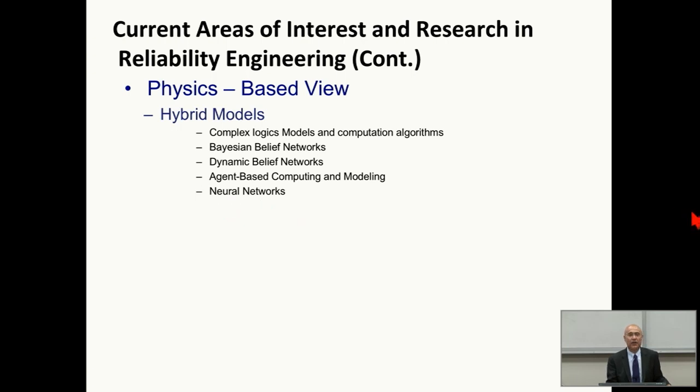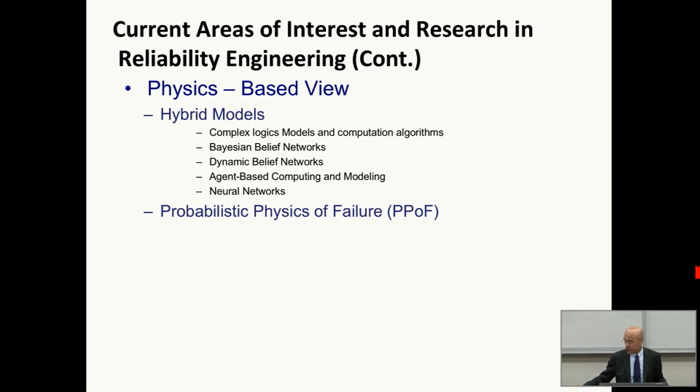Neural network applications, again in machine learning, have been used in physics-based models to develop and learn from degradations that are observed or tested, to learn and train different networks for future applications.